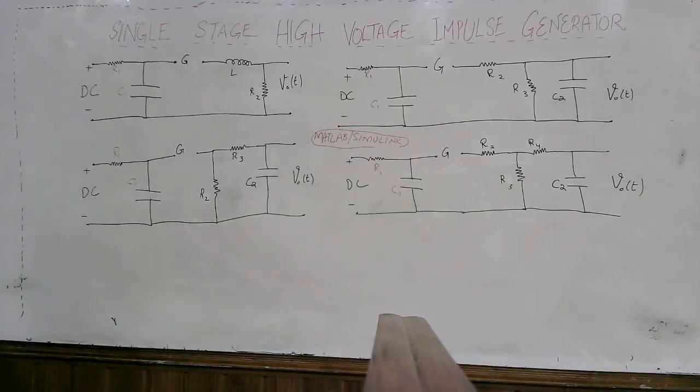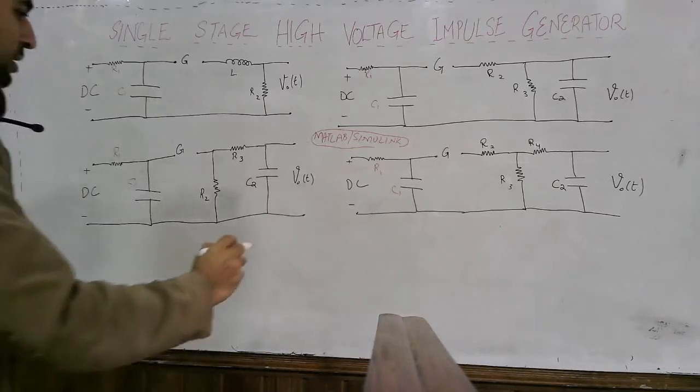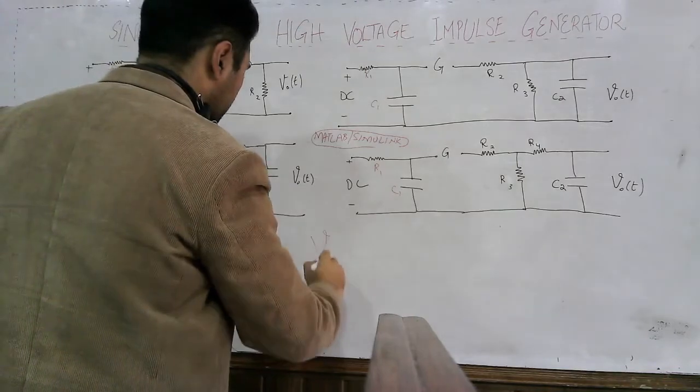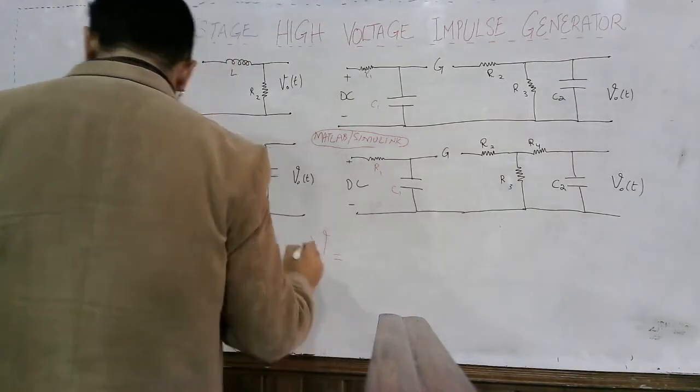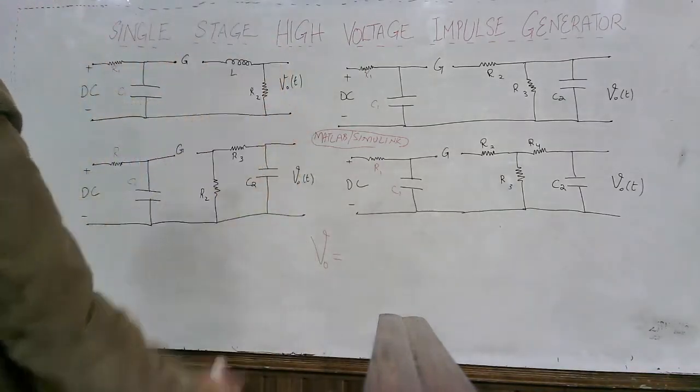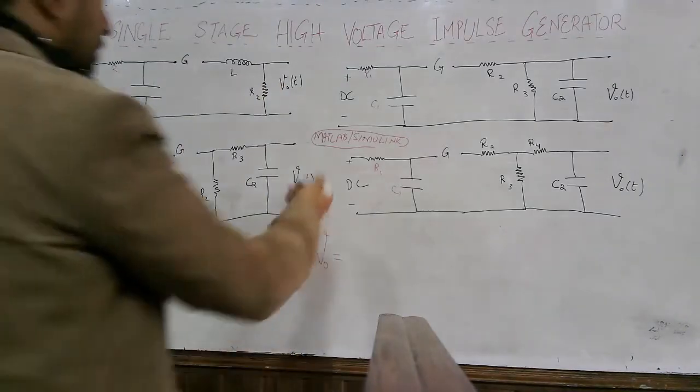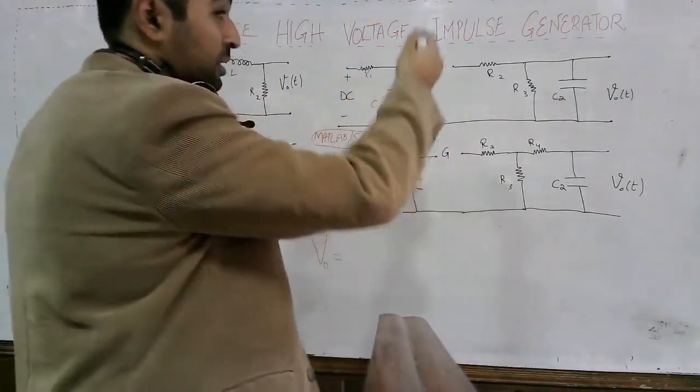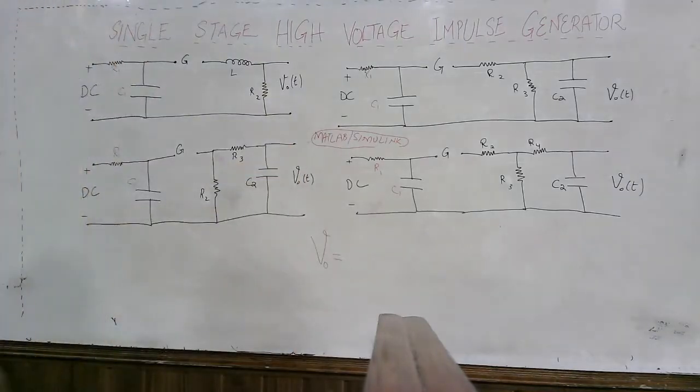Now let's come to the output voltage equation, the maximum output voltage which we can get through any of these circuits, or the main circuit we have just discussed.